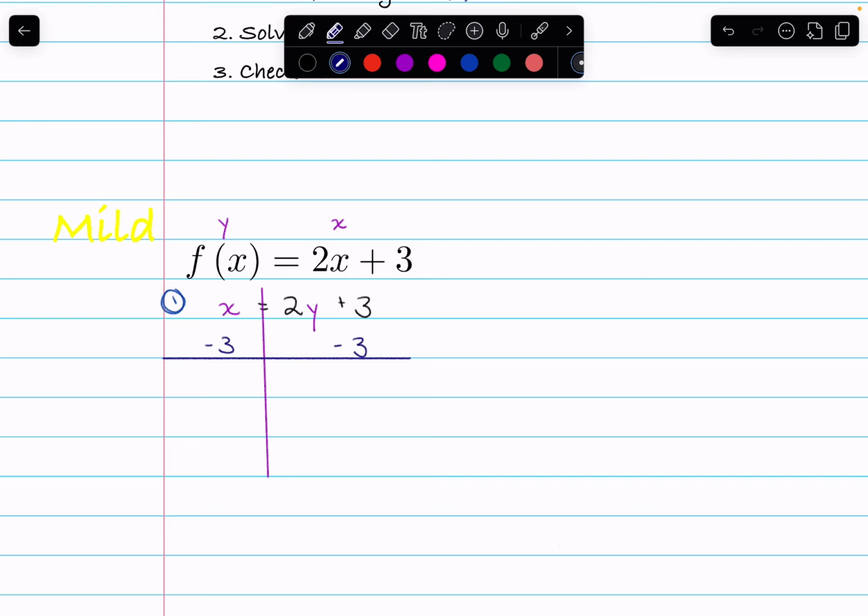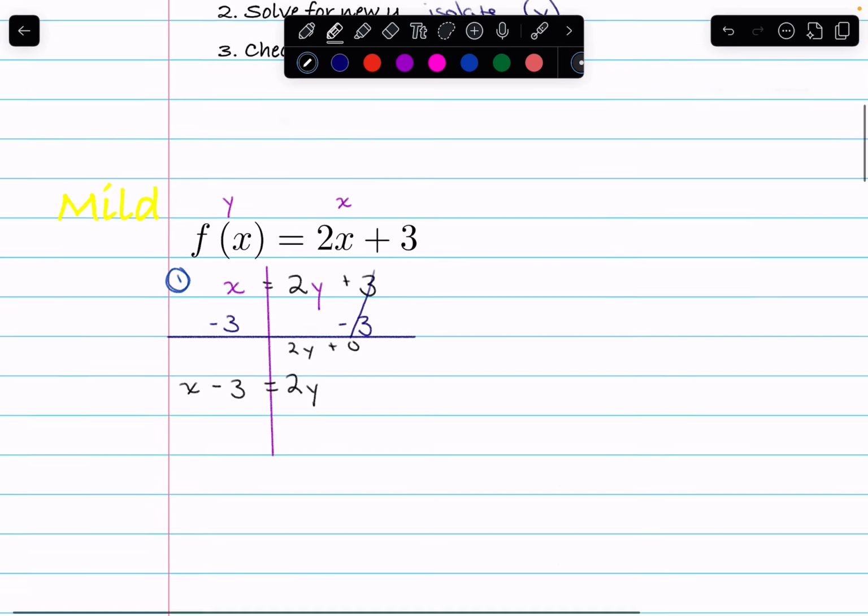So 3 minus 3 is 0. That's what we mean when we say cancel. So if you want to write that step, it'd be 2y plus 0. 2y plus 0 is 2y equals x minus 3, because I can't combine those. Those aren't like terms.